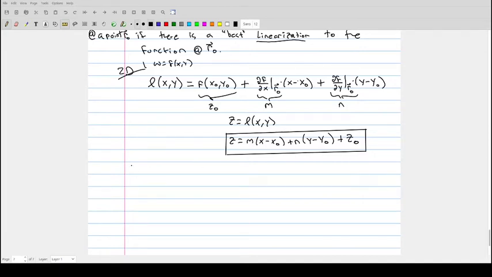If you want to approximate the value of f for points that are very close to x naught, y naught, say, if a function is differentiable at a point, so this linearization exists and it's a good approximation around a point, if you zoom in very close to the point x naught, y naught, so in this region right here, when you're very, very close, say within delta, where delta is a very small value, of the point x naught, y naught, then the value of the function inside this region, we'll call it D, is approximately equal to this linearization.